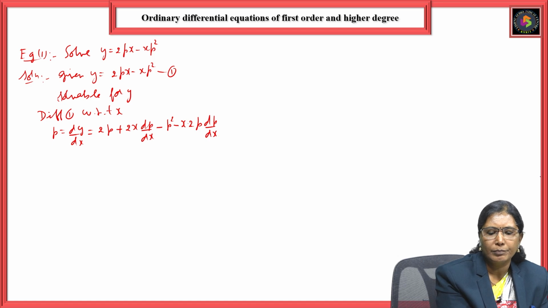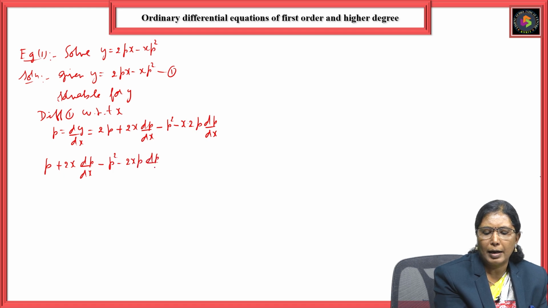So what do you get here? If you take this p this side, this p will get cancelled, 2p. So p plus 2x dp by dx minus p square minus 2xp dp by dx is equal to 0.